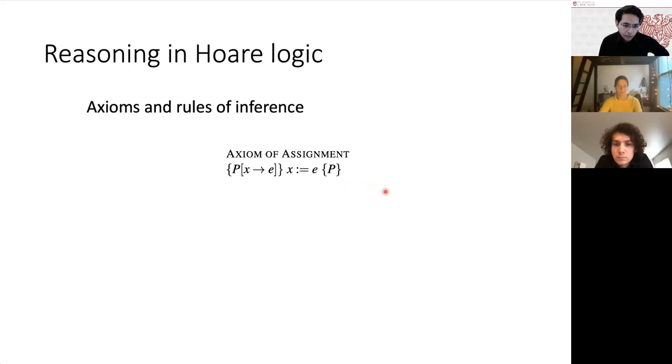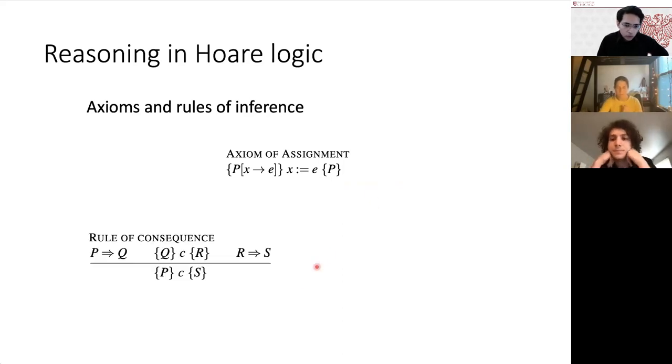So then let's look at a rule. This rule of consequence, the way to read this kind of rule is the things above the bar are called premises and the bottom thing is called a conclusion.